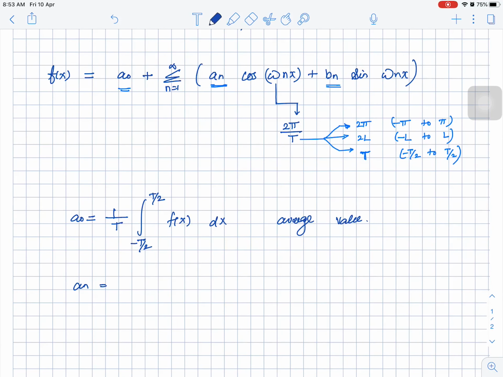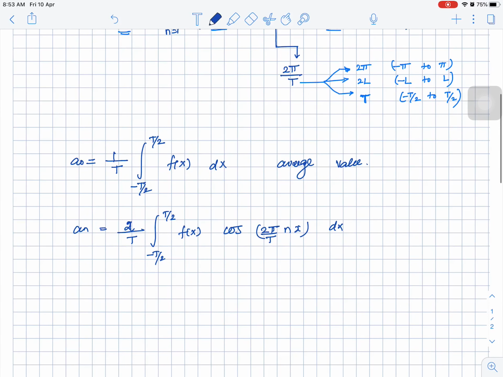Now an will be 2 times 1 divided by the time period, integral from minus T by 2 to T by 2 of f of x into cos omega n x, where omega we can write as 2 pi by T, into n into x dx. Similarly bn will be 2 times 1 divided by the time period T, integral from minus T by 2 to T by 2 of f of x sine of 2 pi by T, which is the frequency, into n x dx.